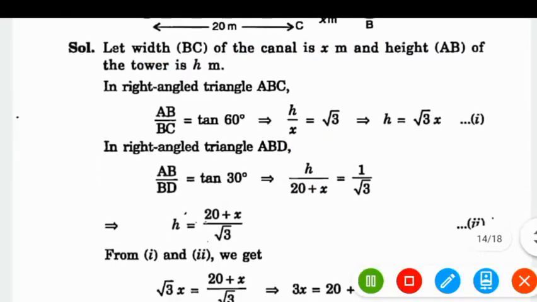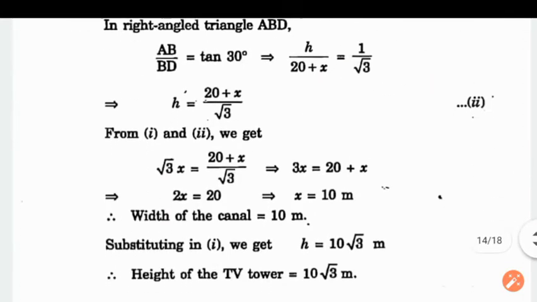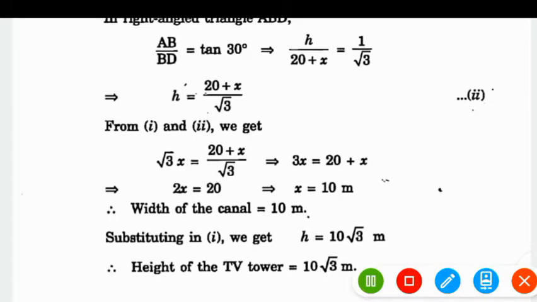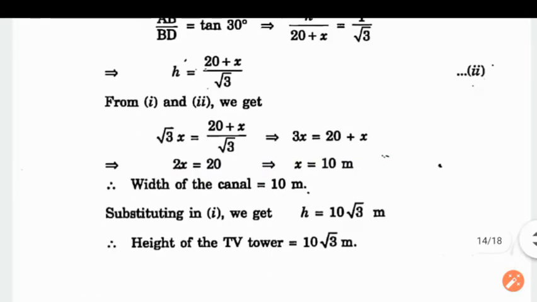Again by cross multiplication, h is equal to this. So from equations 1 and 2, if we equate, we will get this equation, and again after cross multiplication we have 3x is equal to 20 plus x, so x is equal to 10 meter. So the width of the canal was 10 meter.